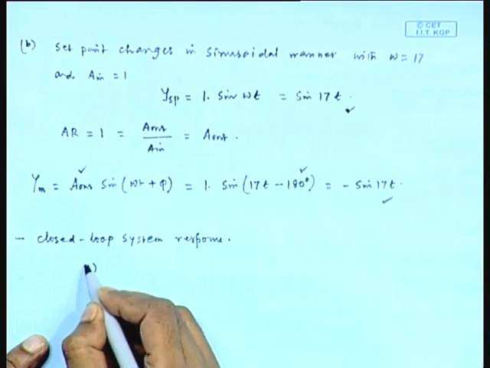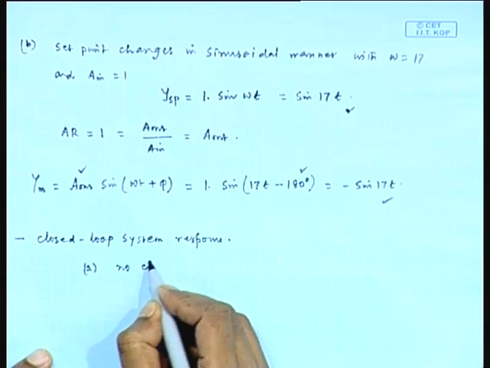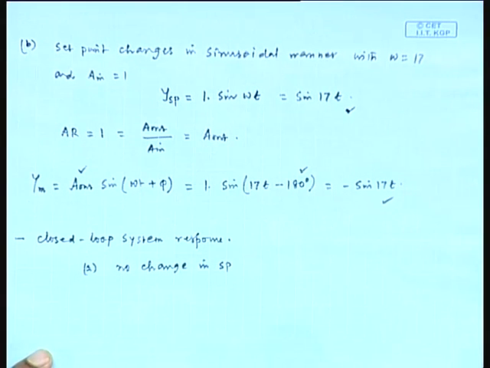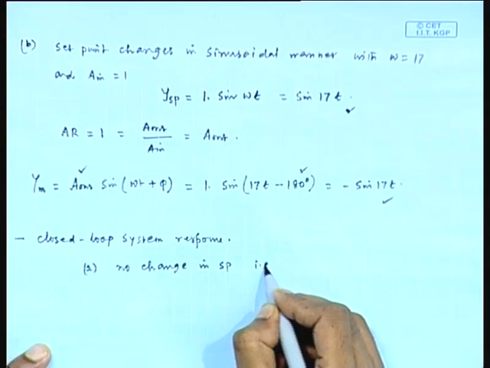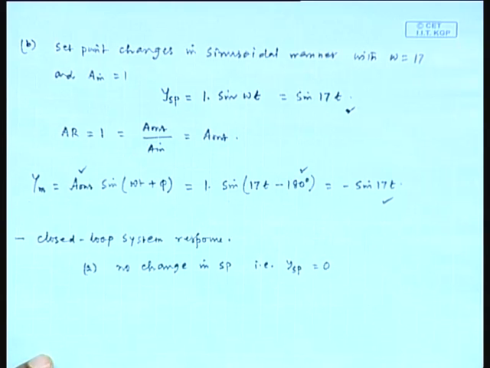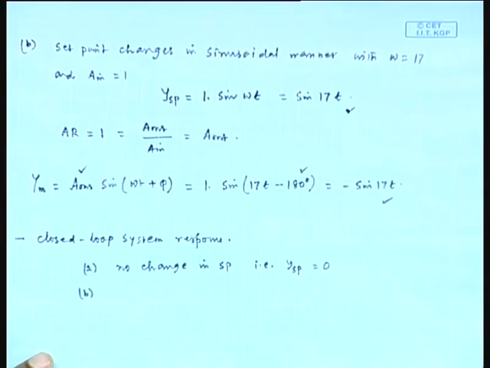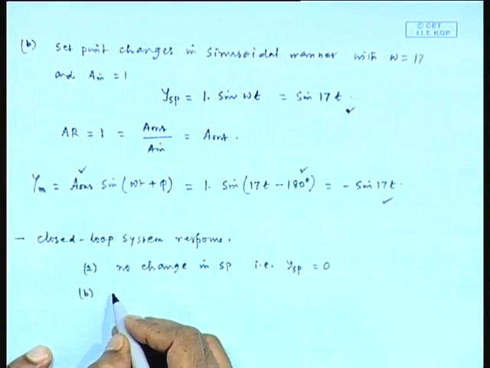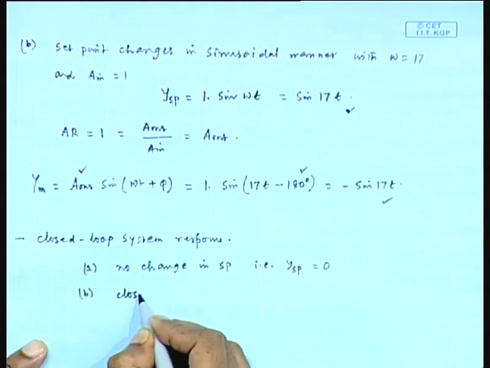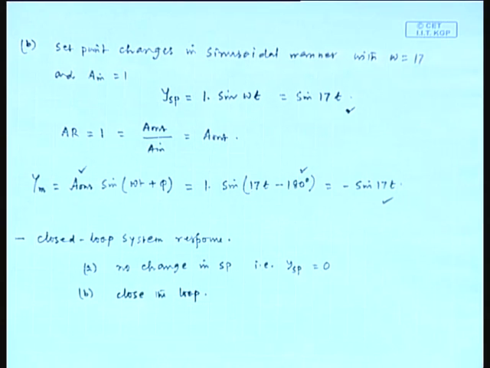They are: no change in set point, that means y set point equal to 0. At the same time, we consider another point, that is close the loop. This is the second point.